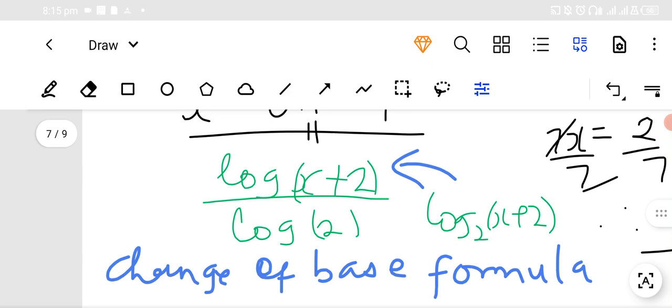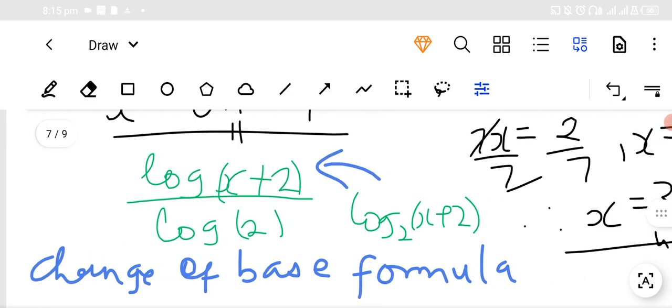Is it 7 times 2, 14? Yeah, 16 over 7. So let's say log of 16 divided by 7, then you divide by log of 2. You're going to have 1.19 as your answer.